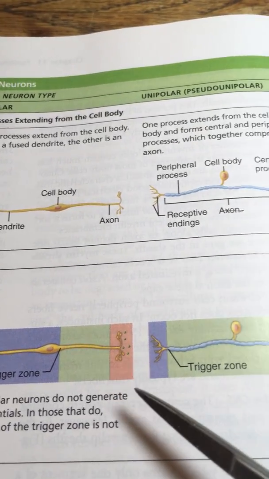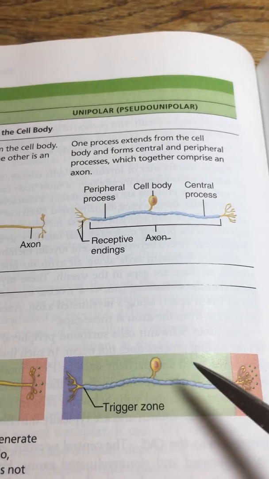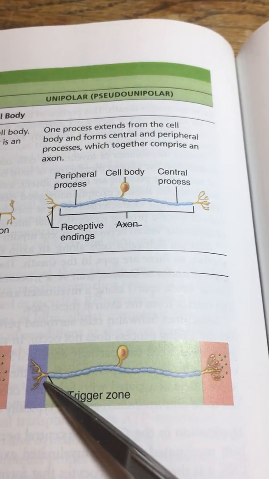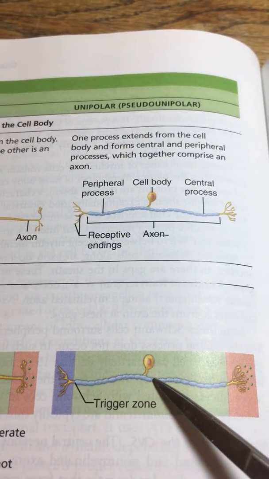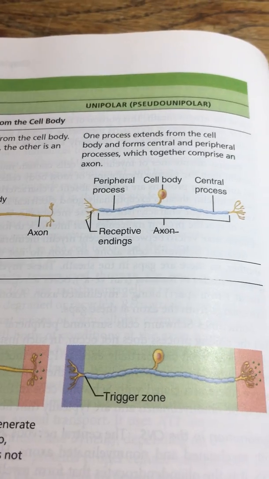Okay, and then over here, this is a very elongated receptor where we're getting triggered here, and the incoming information is passing ultimately into the spinal cord.